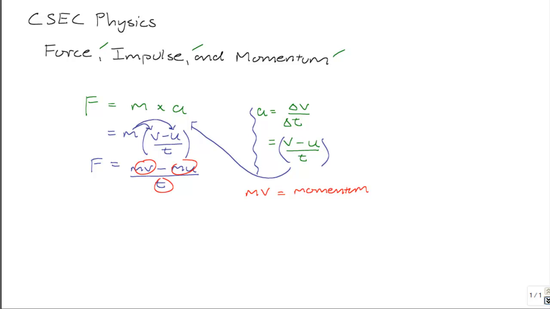If mv is equal to the momentum at one point in time, mu, the mass times the initial velocity, will be equal to the momentum at some other point in time. So let's call that initial momentum.